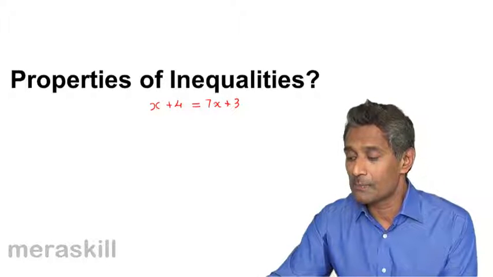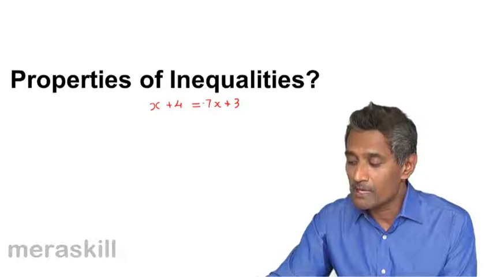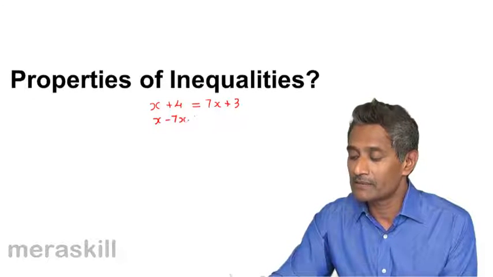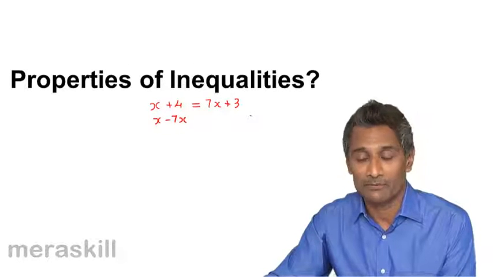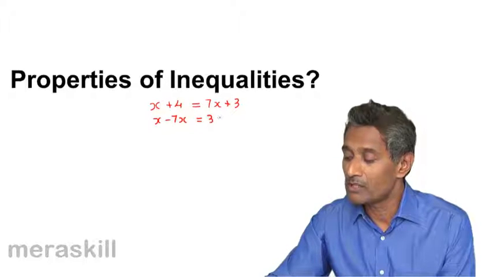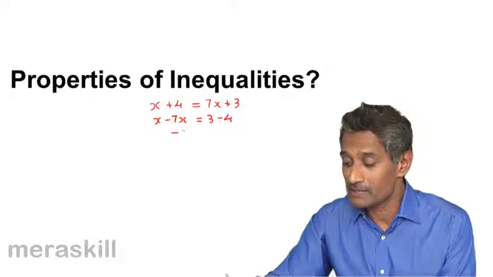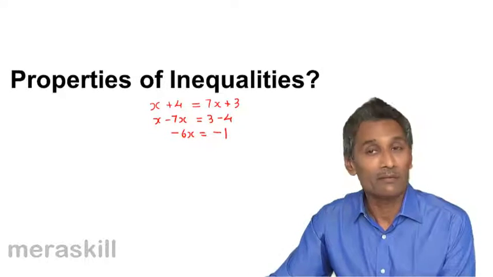So if you want to separate 7x from the 3, we have to look at what the sign is. It's plus, so we take it to this side and it becomes minus 7x. And here we take the 4 to the right hand side from the left hand side, so we write it as 3 minus 4. So we have x minus 7x, which is minus 6x, is equal to minus 1.